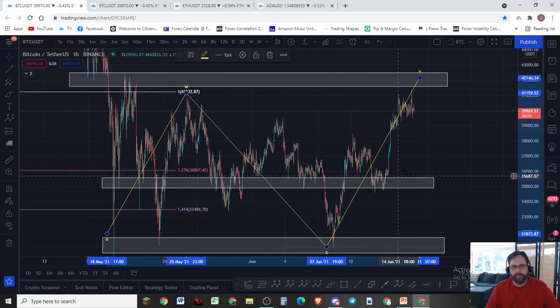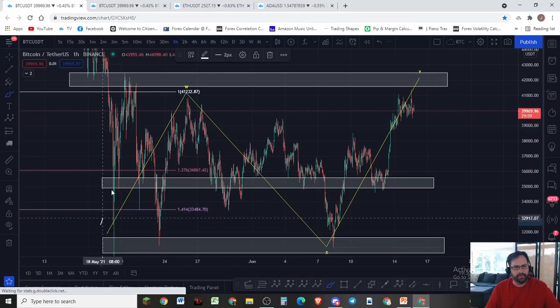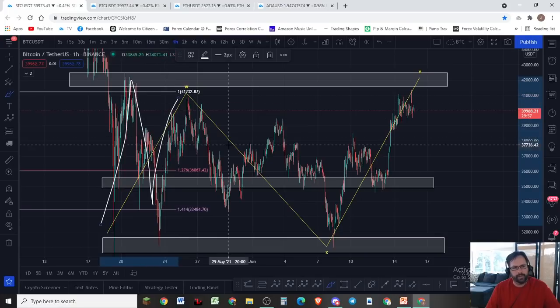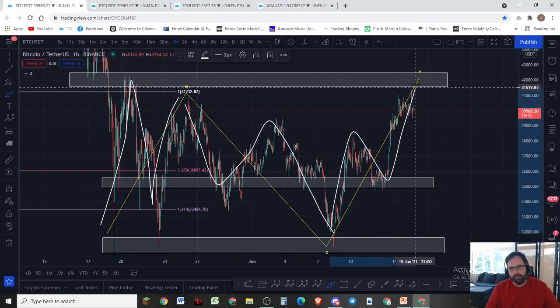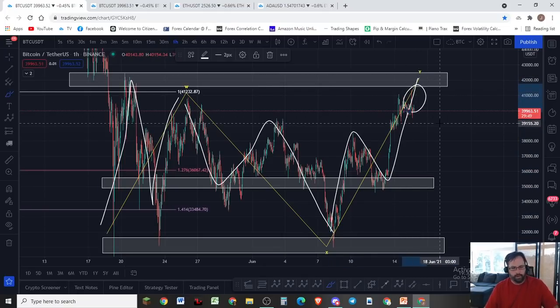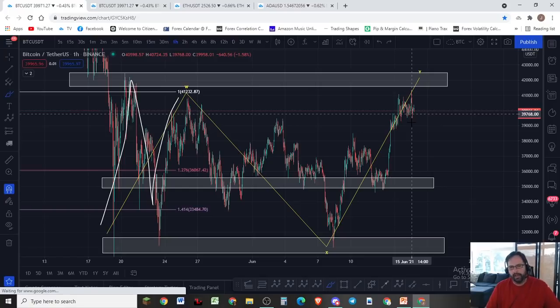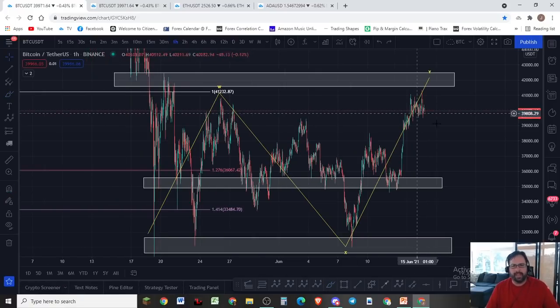It would probably be a WXY at this stage. A WXY would be marked by threes. There would be the first three-wave move, the second three-wave move, and then this is the third three-wave move. Now the question is, is that three-wave move finished, or do we have more upside to go? That's a big question mark. So this is one idea, that this is a WXY.